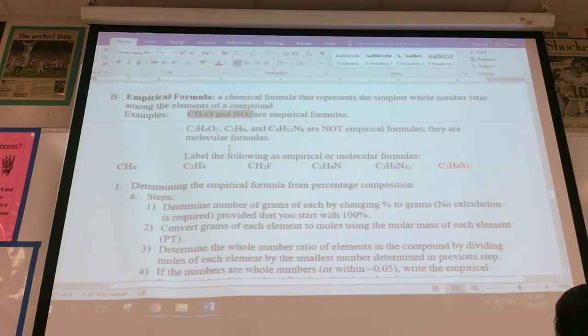A molecular formula would be something like C2H4O2, where you don't have the simplest whole number ratio because each of these is divisible by 2. Now, if you divided each of these by 2, you'd get CH2O. So this is a molecular formula. Its empirical formula happens to be CH2O.